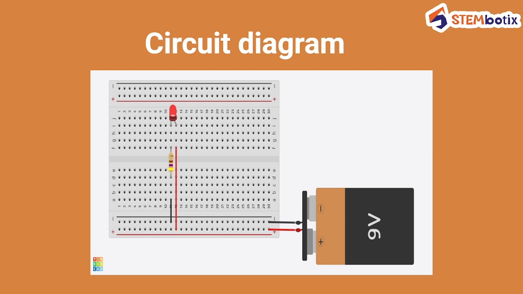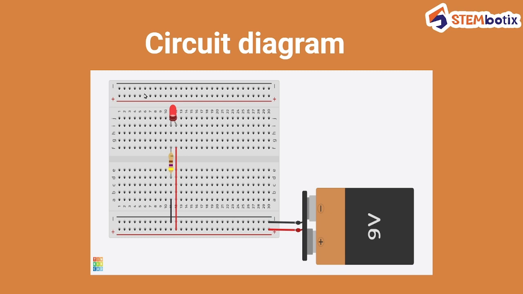First collect all the components and place the breadboard and battery as shown in the figure. Now connect the negative terminal of the battery to the negative rail and the positive terminal of the battery to the positive rail of the breadboard using a black and red jumper wire respectively.